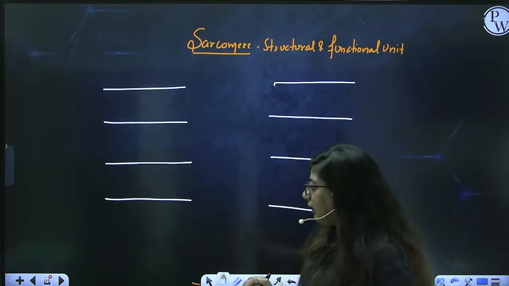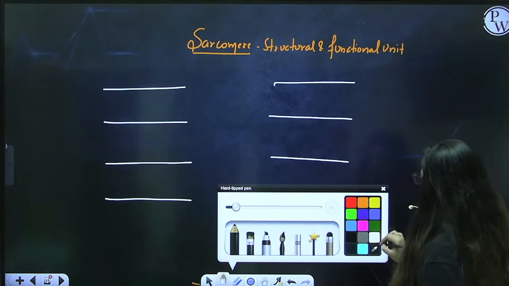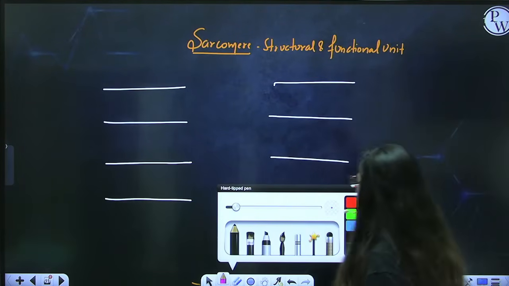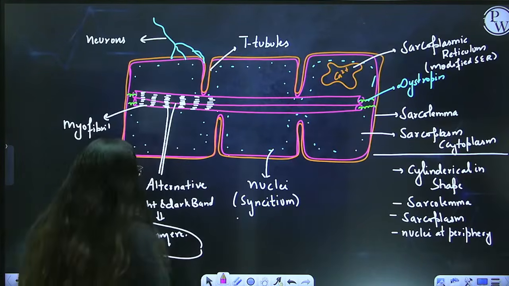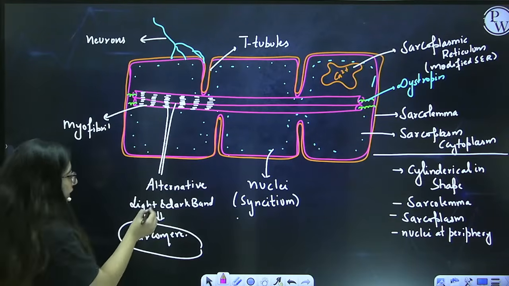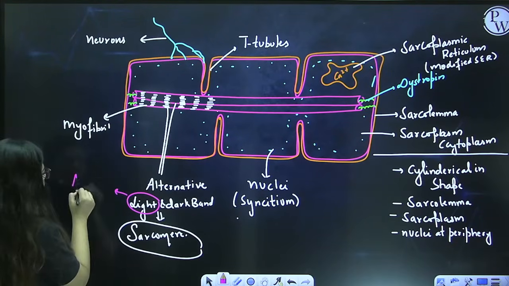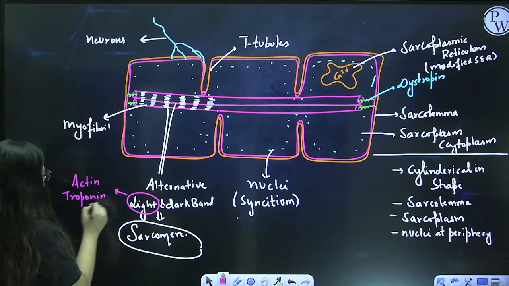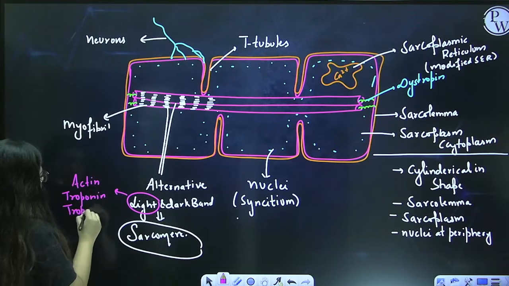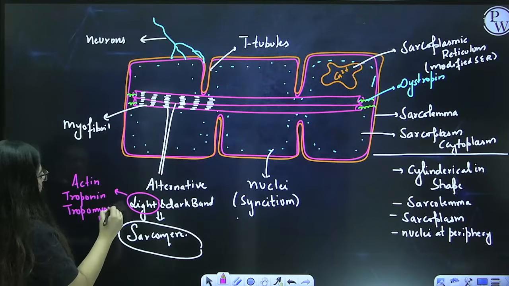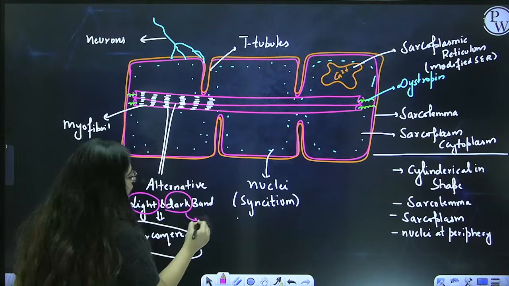So these alternative light and dark bands are formed by the following. The light band is formed by actin, troponin and tropomyosin. What are these, guys? These are myofilaments, right? Whereas the dark band is formed by myosin.